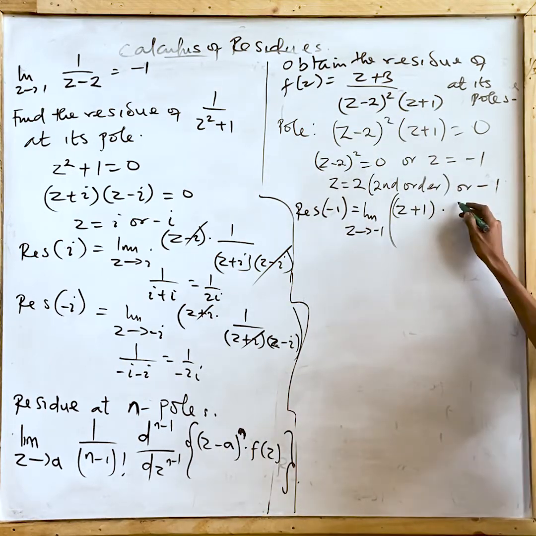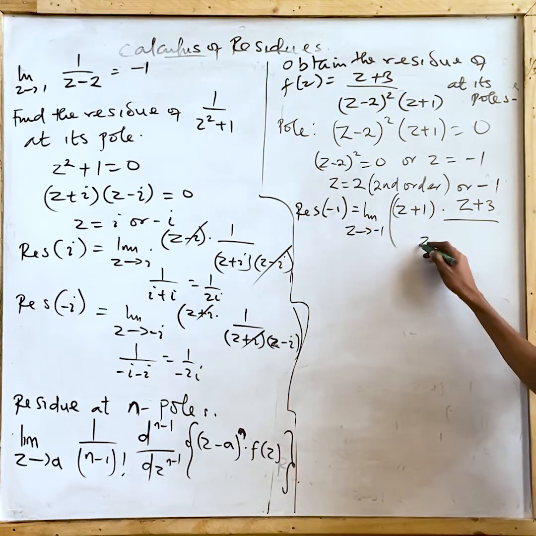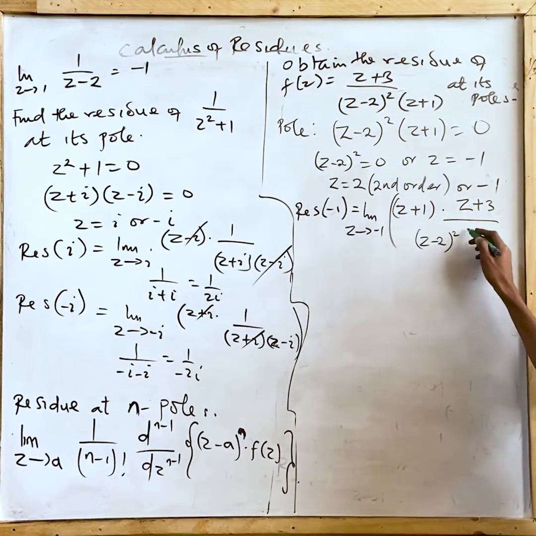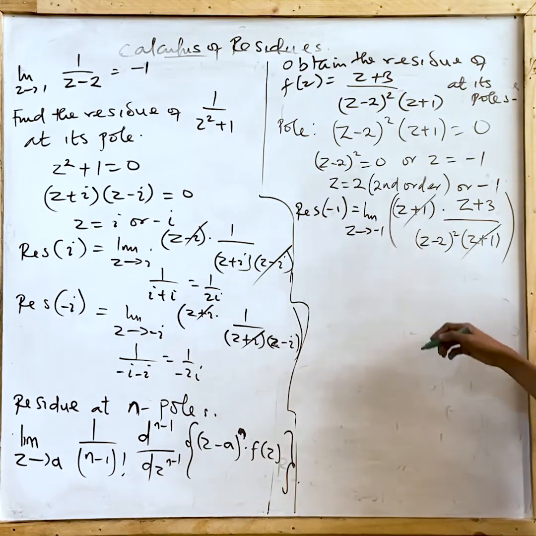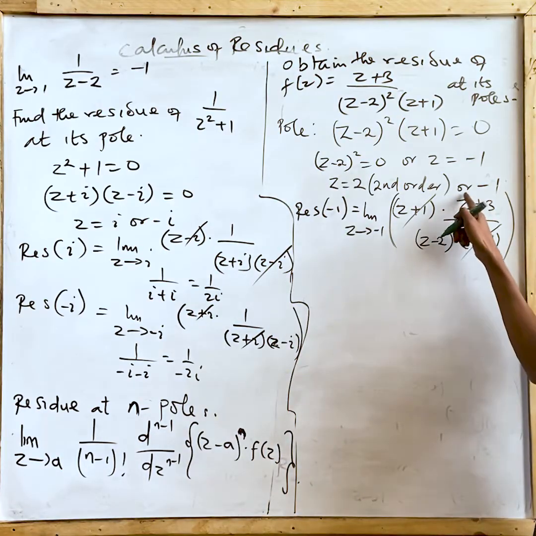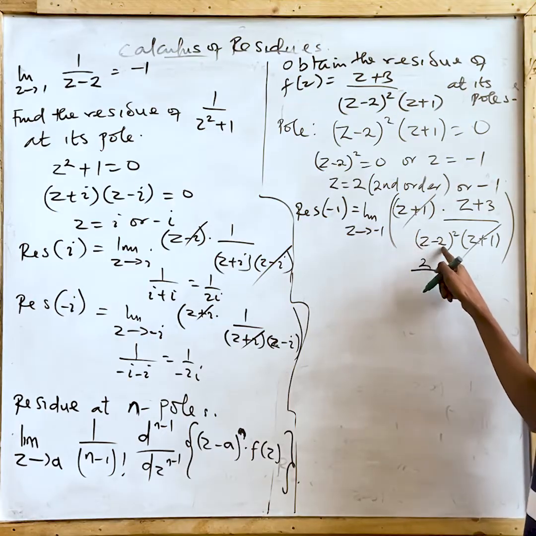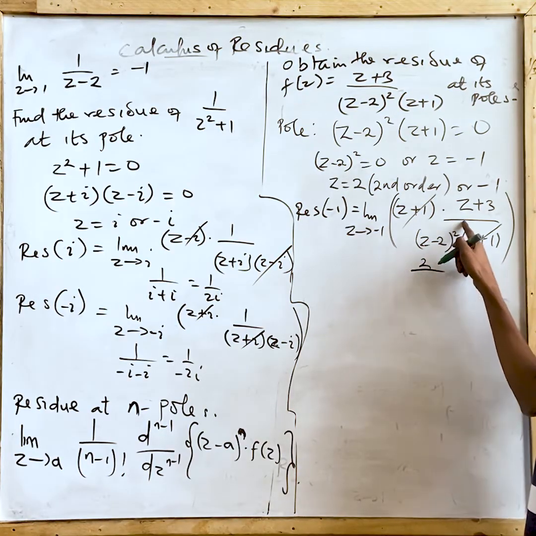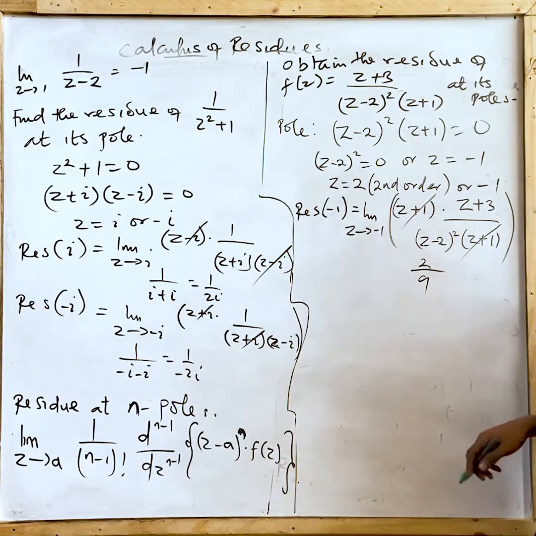Here is our f of z, already factorized: z plus 3 divided by z minus 2 squared z plus 1. So z plus 1 cancels z plus 1. Put minus 1 into whatever we are left with. Minus 1 plus 3, that's 2. Minus 1 minus 2, that's minus 3. Minus 3 squared, 9. So the residue of this one is 2 over 9.